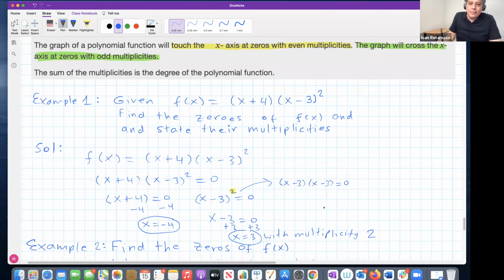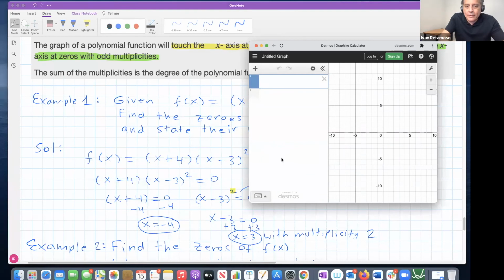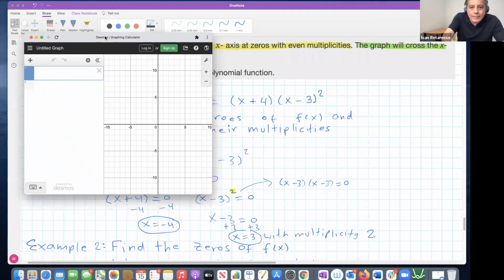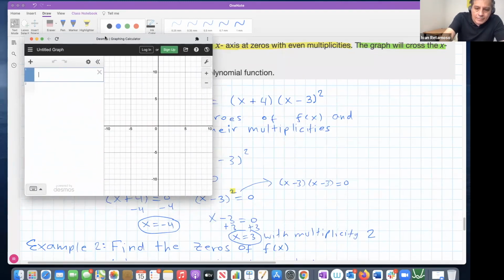Now, how is this related to the graph of this? Well, notice the following. If you bring up your Desmos graphing calculator and you graph this function, y equal, between parentheses, x plus 4 times x minus 3 squared.